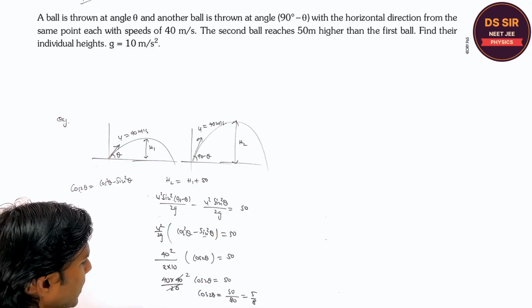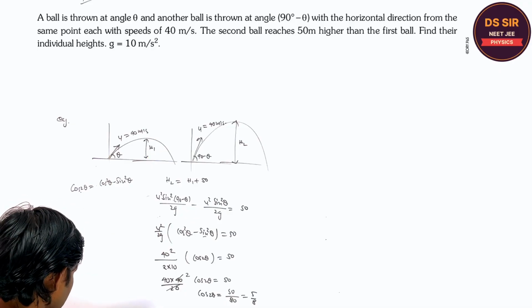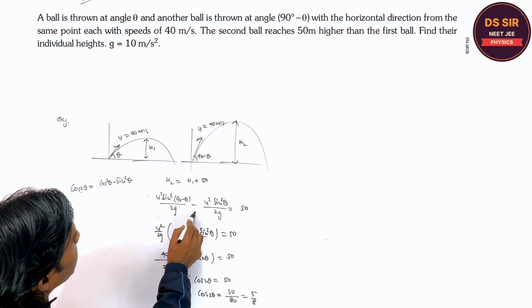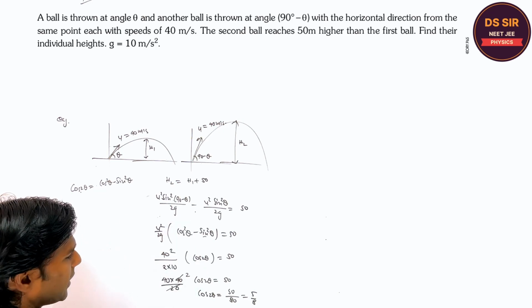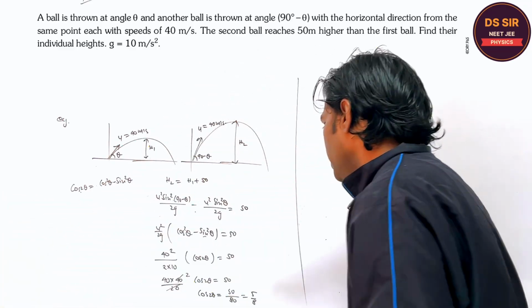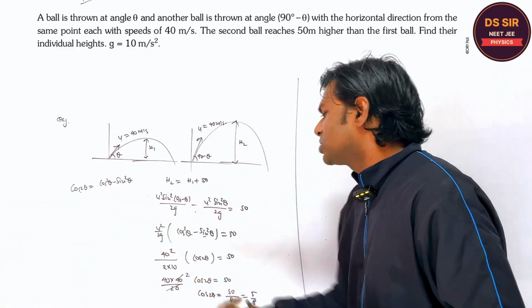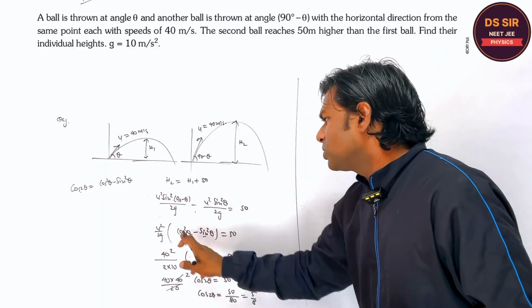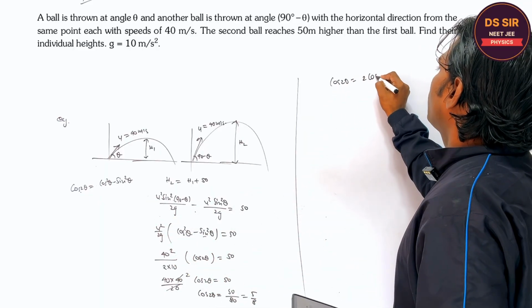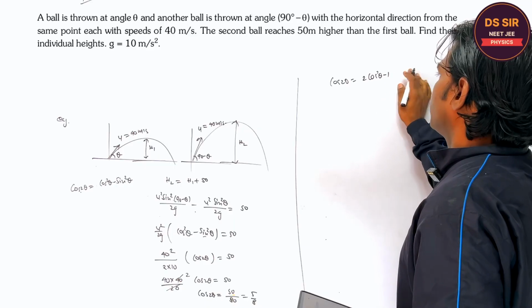So what are they asking? They are asking to find the individual heights, H1 and H2, right? Listen to one thing. Although we know the value of cos 2 theta, we have used this identity. In place of this, cos 2 theta also has the formula 2 cos square theta minus 1.